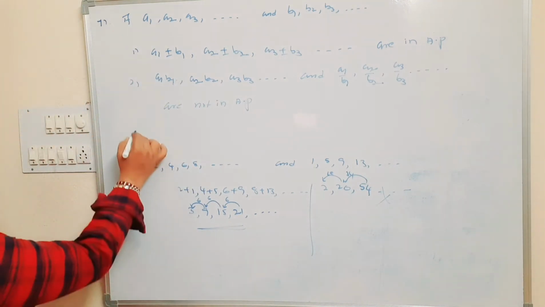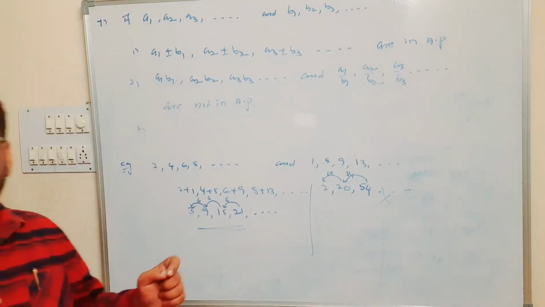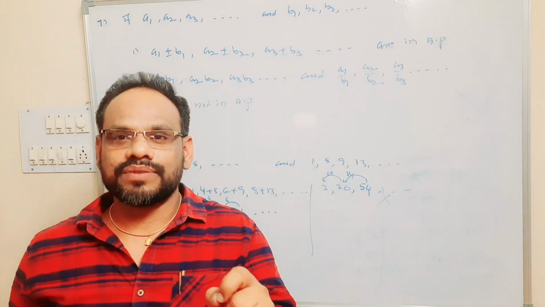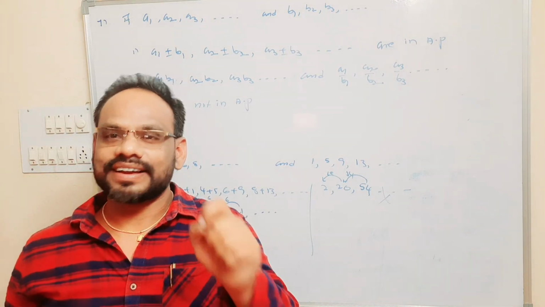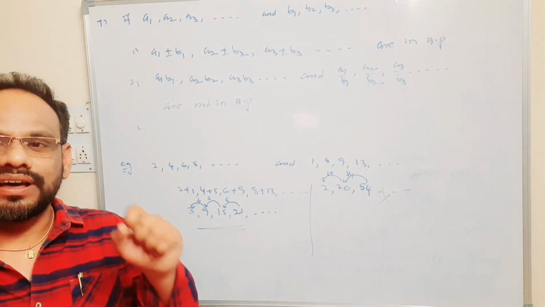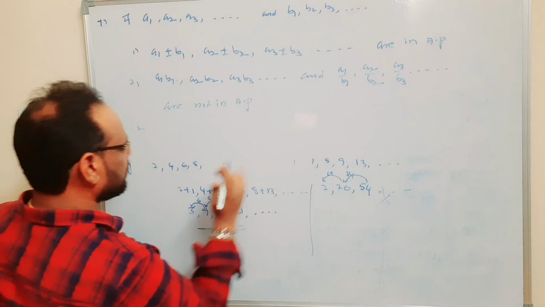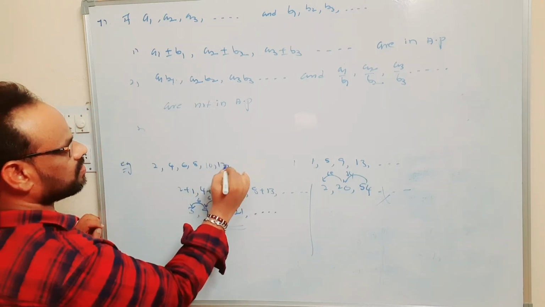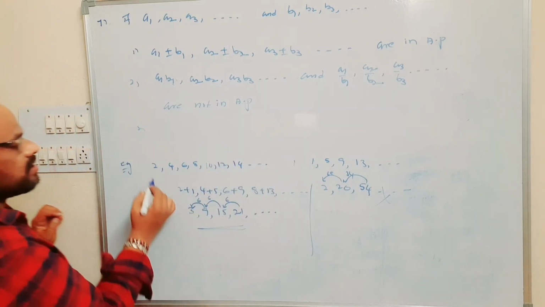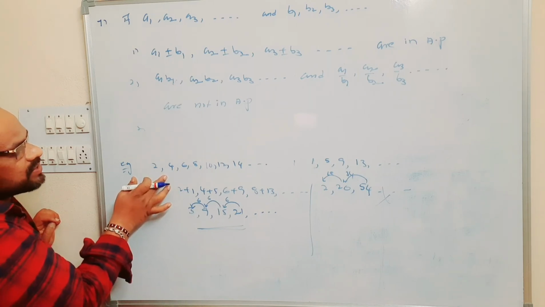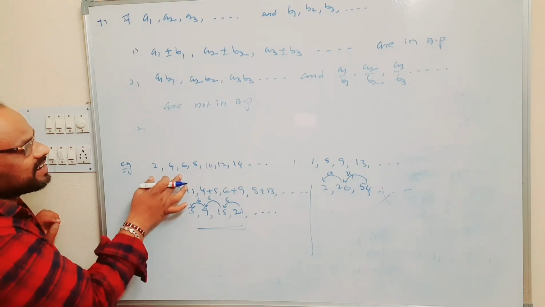Next, third one: if the terms of an arithmetic progression are chosen at regular intervals, then they form an arithmetic progression. Observe here 2, 4, 6, 8, 10, 12, 14 and so on. The terms of an AP are chosen at regular intervals.